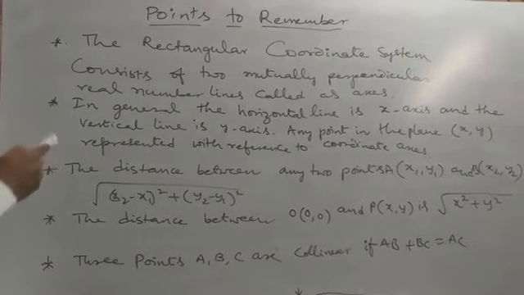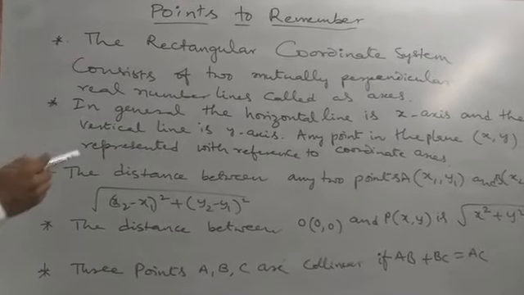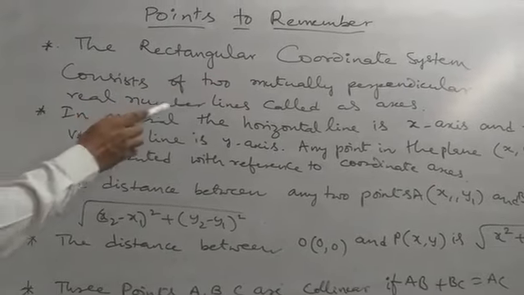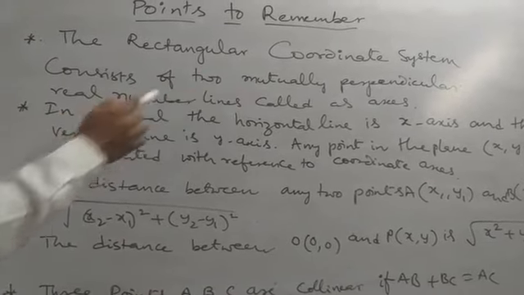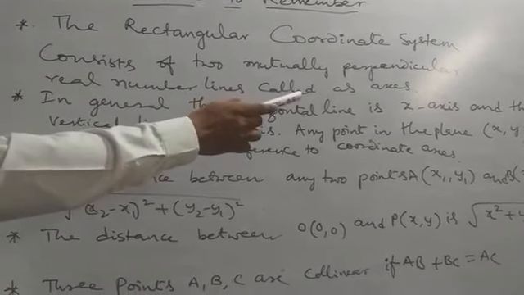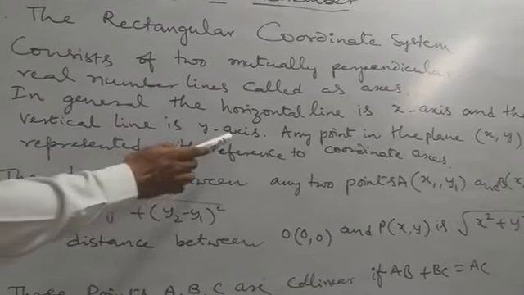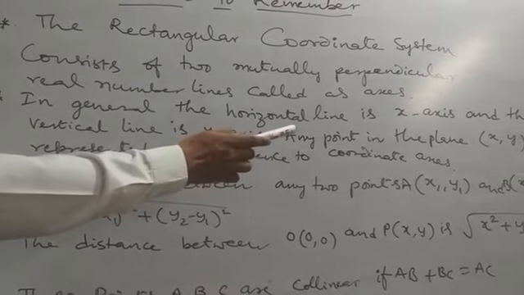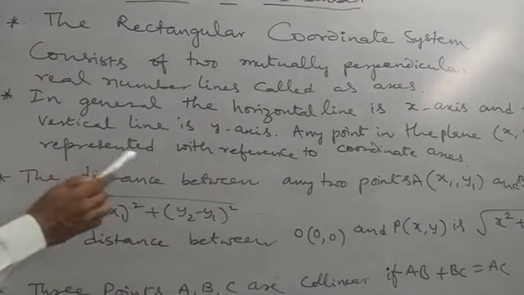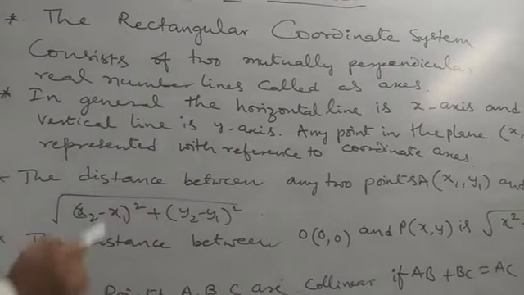Points to remember. The rectangular coordinate system consists of two mutually perpendicular real number lines called axes. In general, the horizontal line is the x-axis and the vertical line is the y-axis. Any point (x, y) in the plane is represented with reference to these coordinate axes.